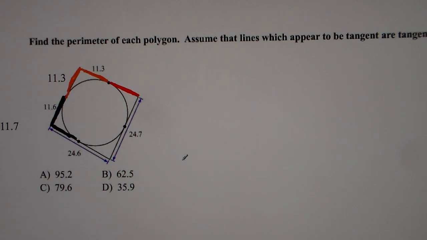So if we do 24.6 minus 11.6, we're going to find out that this color, I'll do it in purple, right here in purple, is 13. And if that's 13, that means this purple guy is 13.